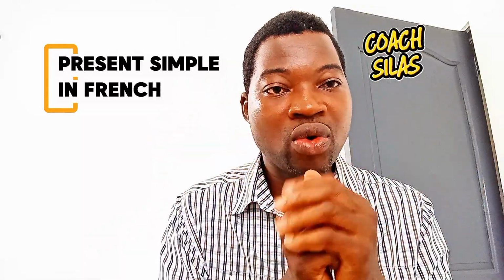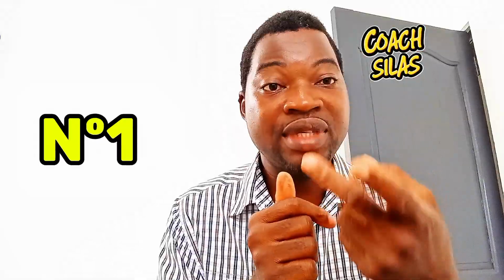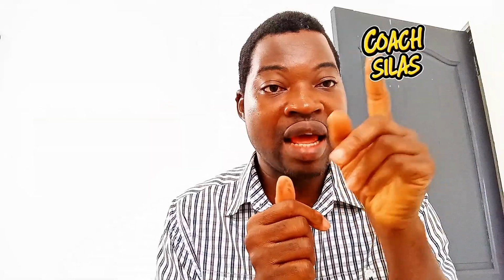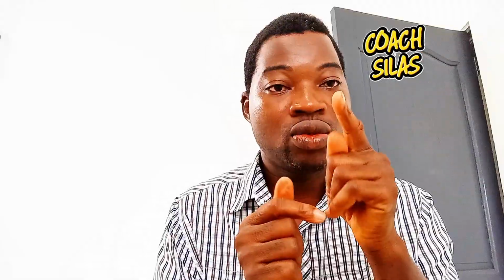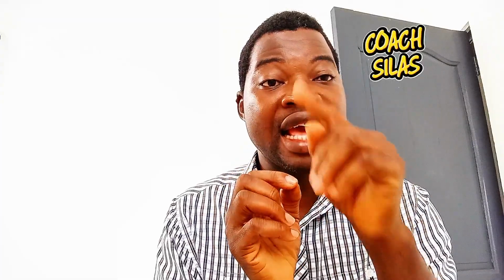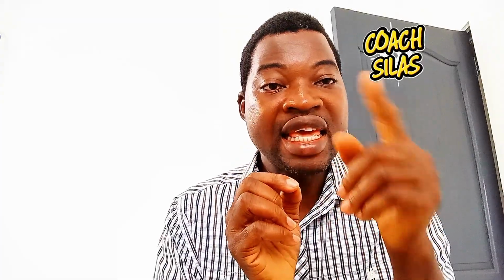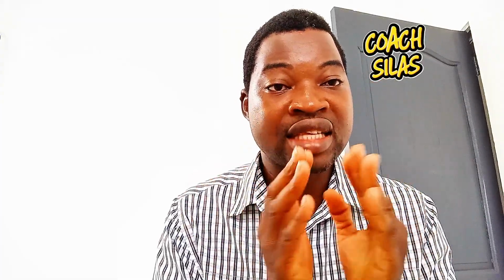The general principle is that you need a subject plus a stem plus ending. I'll explain everything in the lesson. To form the stem of the verb, you need to drop the ending. I mean the ER ending of the verb. Example, manger.